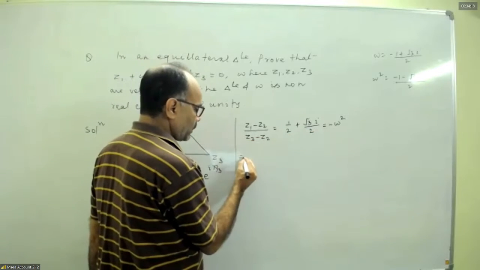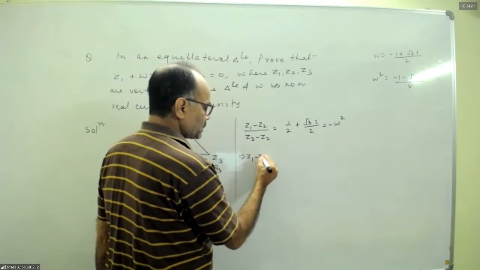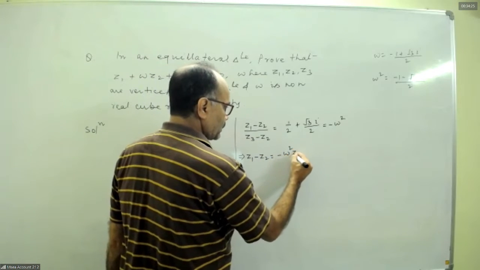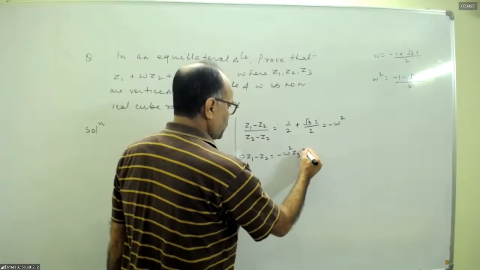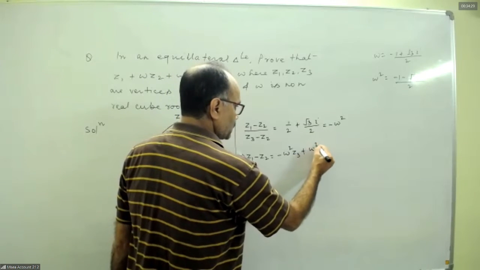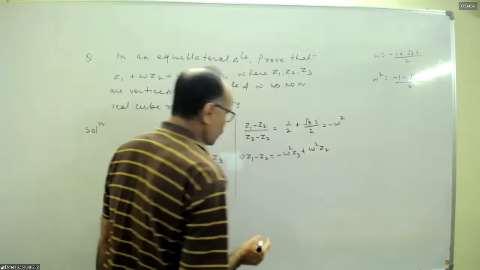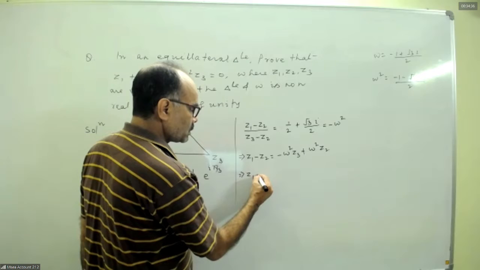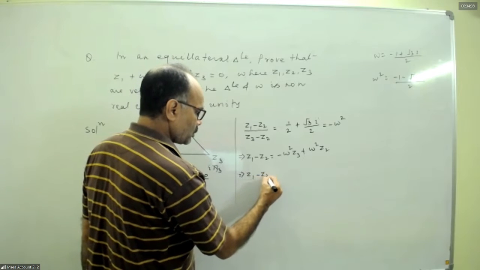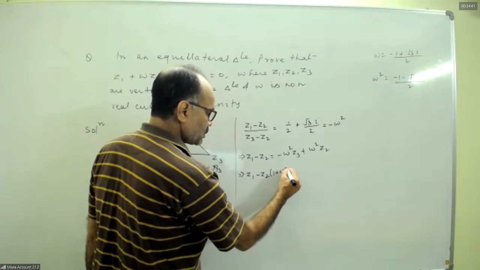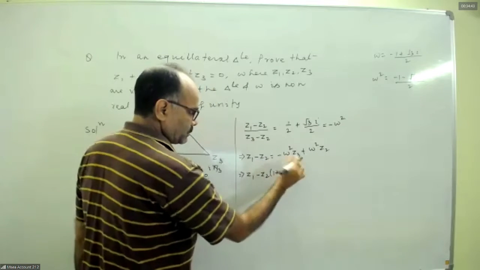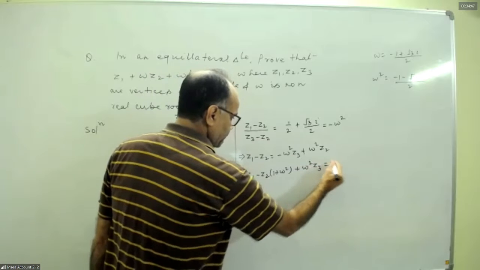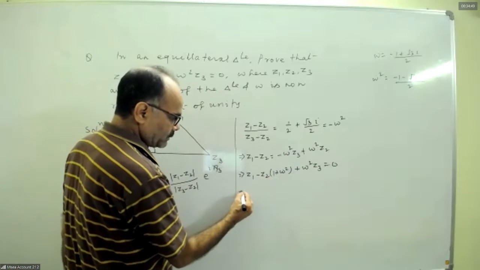Sending it to the right side, Z1 minus Z2 equals minus omega square Z3 plus omega square Z2. So Z1 minus Z2 into 1 plus omega square, sending this term to this side, plus omega square Z2, Z3. 1 plus omega square is minus omega.